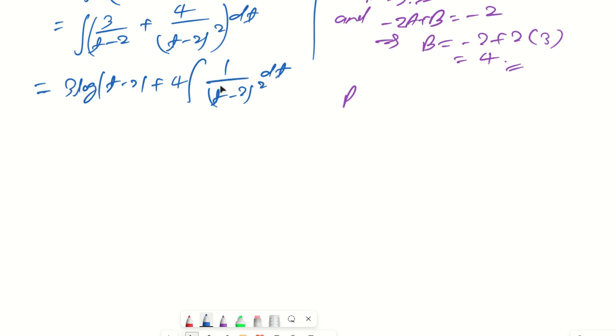Now if you are a GATE student, you will be able to write it directly, because there is no need of putting anything. However, if you do not understand, we'll write down how to do that.